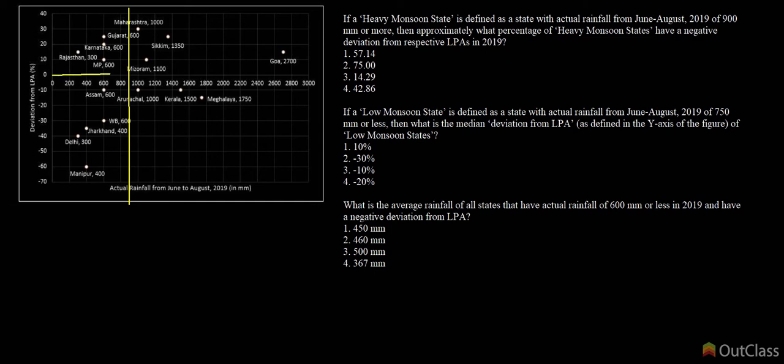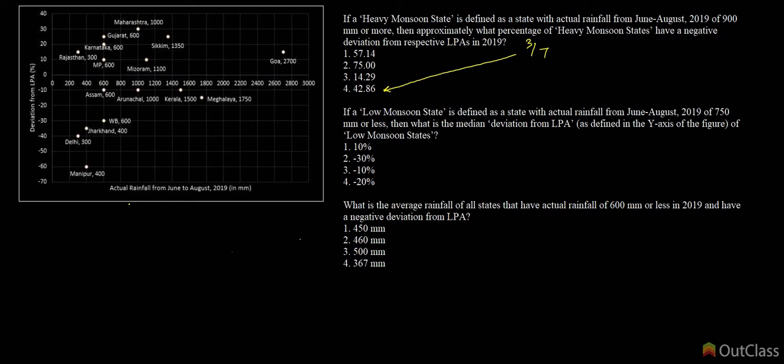That 0 for the LPA is right here, that's your x-axis. So they're asking you, of all the states to the right of the vertical line, what percentage are below the horizontal line. That is basically the question, and you can count a total of 1 2 3 4 5 6 7, and 3 are below, so the answer is 3 by 7, which is 42%. That is the first one.